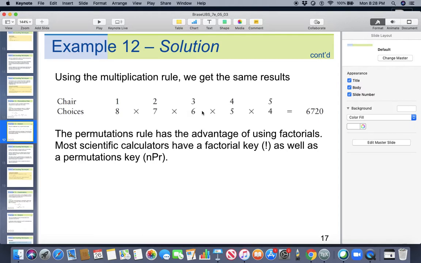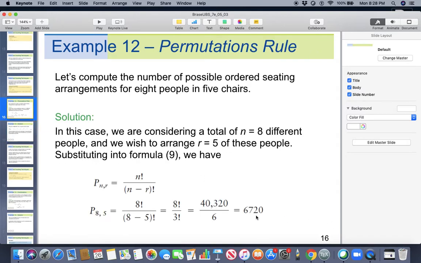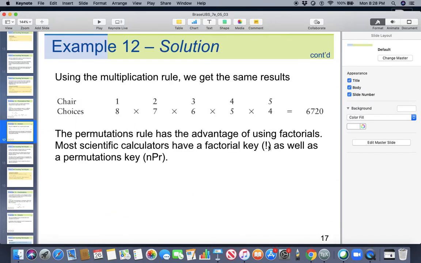So you see this is nothing but the multiplication rule, 8 down to 4, and you get the same answer, 6720. So permutation is nothing but the multiplication rule. The permutations rule has the advantage of using factorials. Why? Because most scientific calculators have a factorial key as well as a permutation key, nPr.